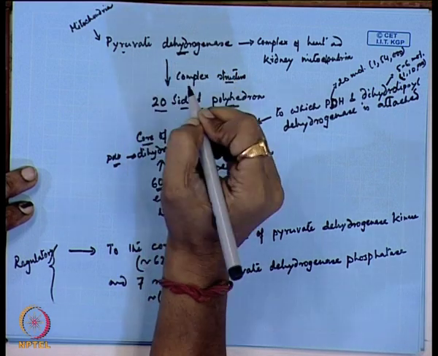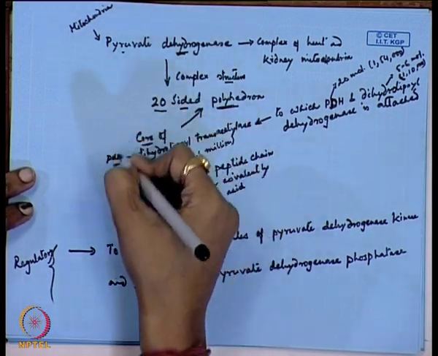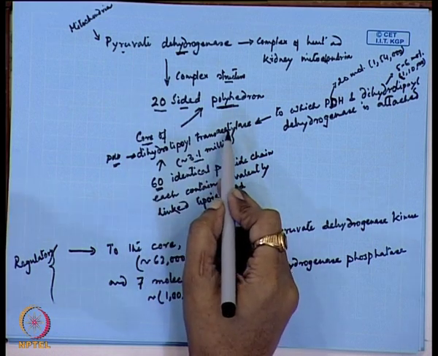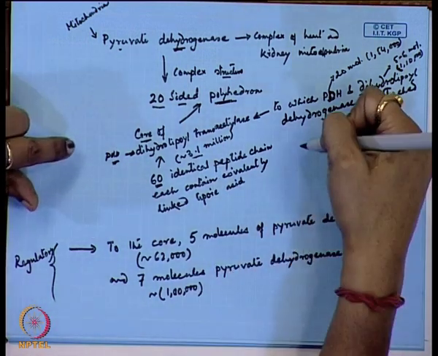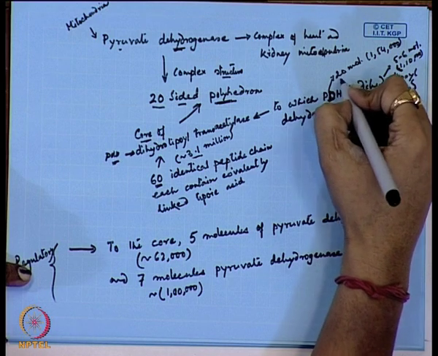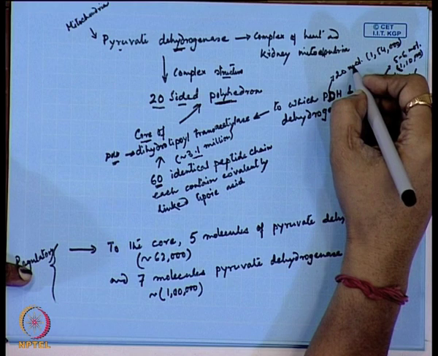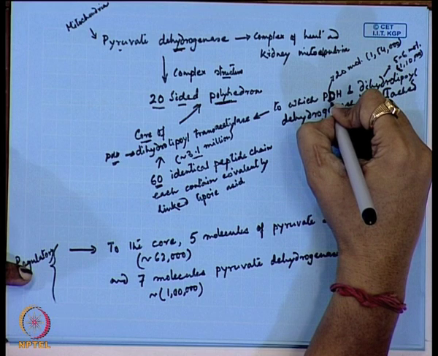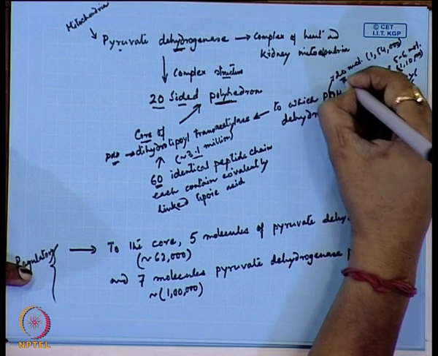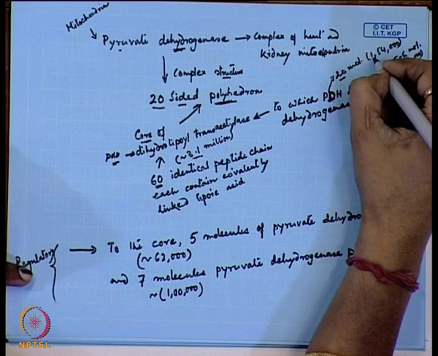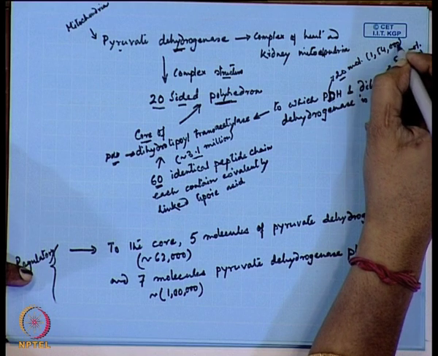Now, here if we see this pyruvate dehydrogenase enzyme, it has the core moiety, which is dihydrolipoyl transacetylase enzyme, to which another enzyme, pyruvate dehydrogenase, of 20 such molecules is attached. Each molecule has a molecular weight of 154,000 Dalton.